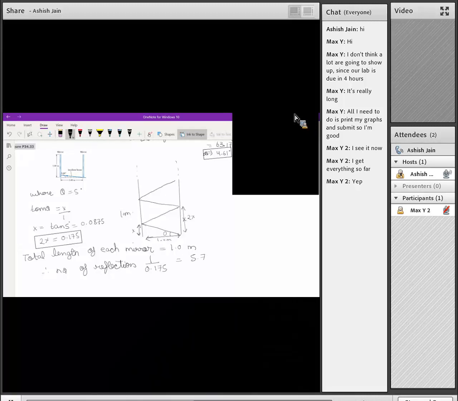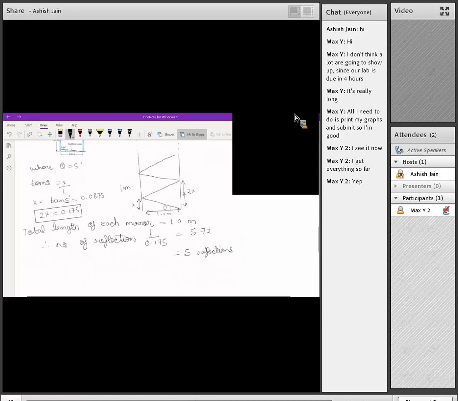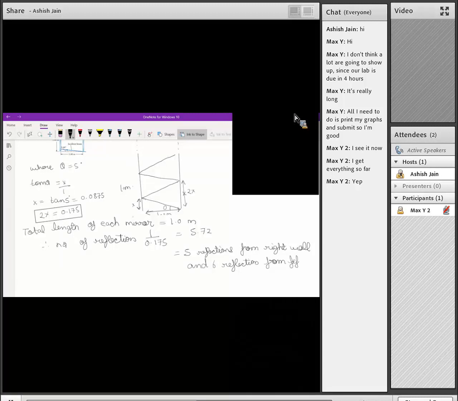That will be 5.72. That will be 5 complete reflections from the right wall, and 6 reflections from the left wall, or left mirror.